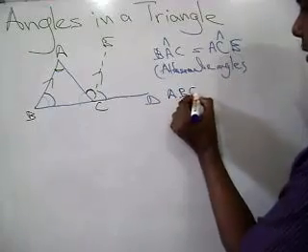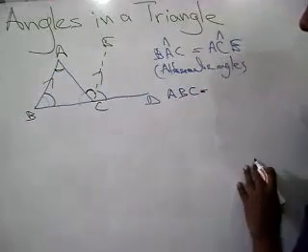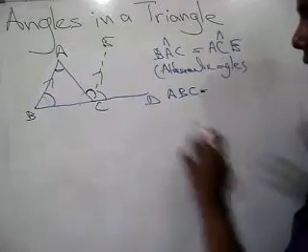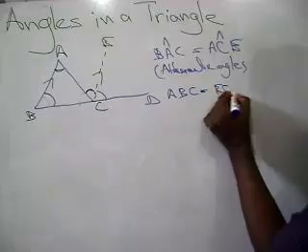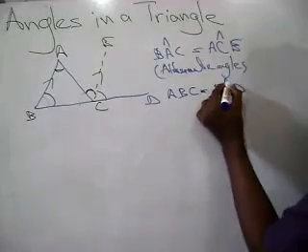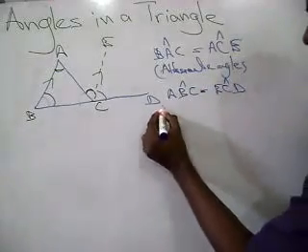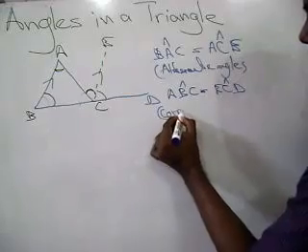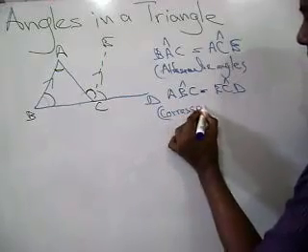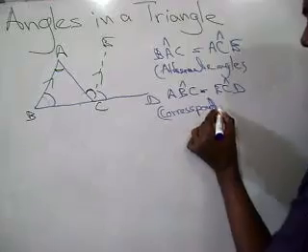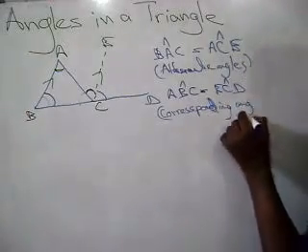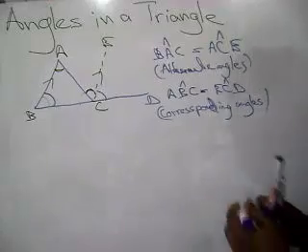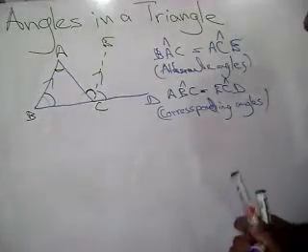ABC is equal to ECD. So the reason is these are corresponding angles. So these two are corresponding angles.